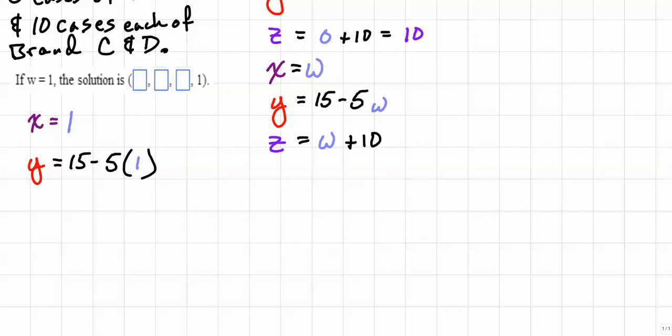So in this case, we end up with 10. 15 minus 5 is 10. And then Z will be equal to W plus 10. So Z is equal to 1 plus 10. And that will yield 11. So then that means that our solutions would be 1, comma 10, comma 11, 1.